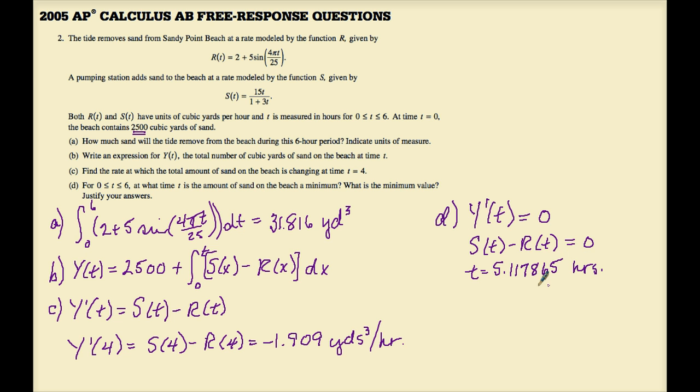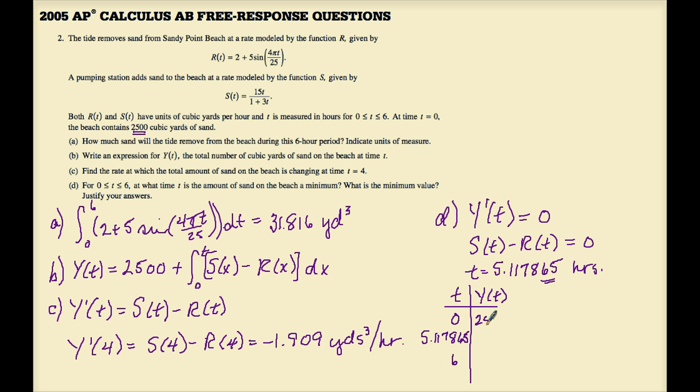Extreme values can occur at critical numbers as well as at endpoints of the interval, so we'll need to find how much sand was on the beach at all of these times in order to determine the minimum amount of sand on that interval. At time 0, at time 5.117865, and at time 6, we'll evaluate y of t.